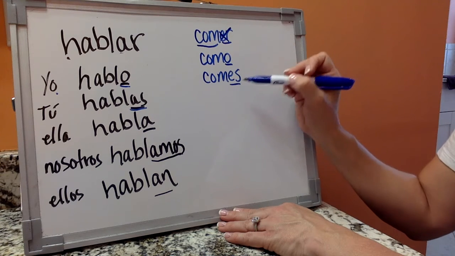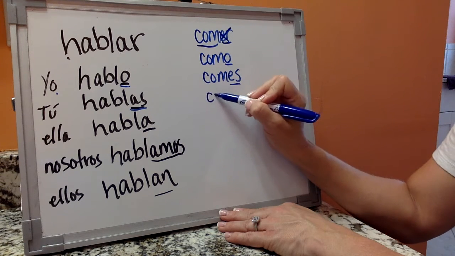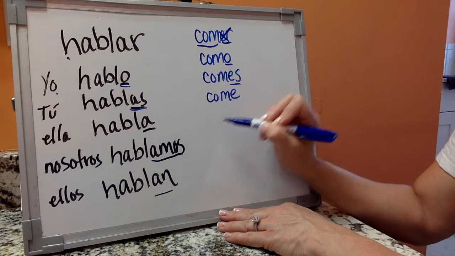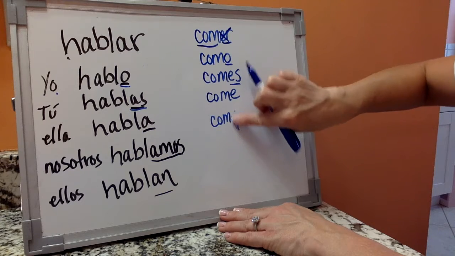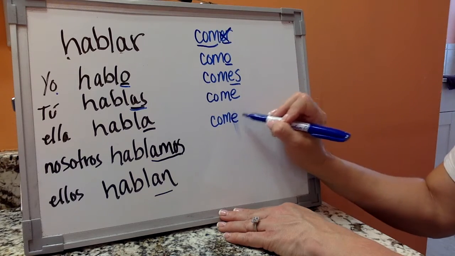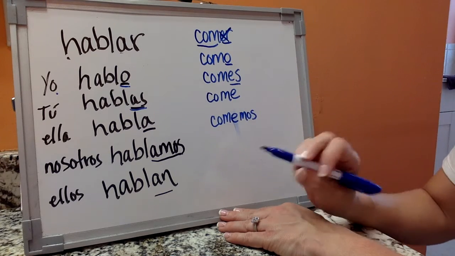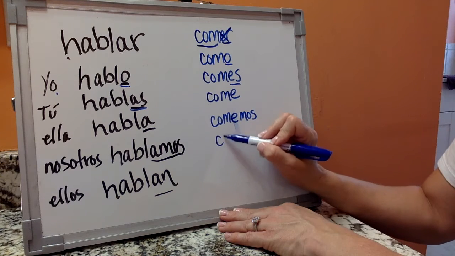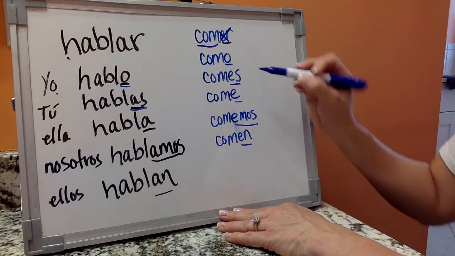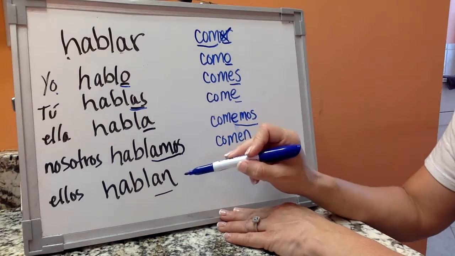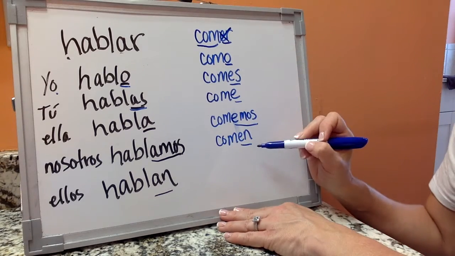Yo como, tú comes, él, ella, usted come, nosotros comemos, y ellos, ustedes comen, okay? So notice, it's not exactly the same, but it follows that exact same pattern.